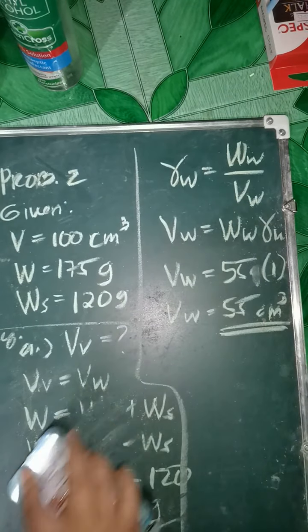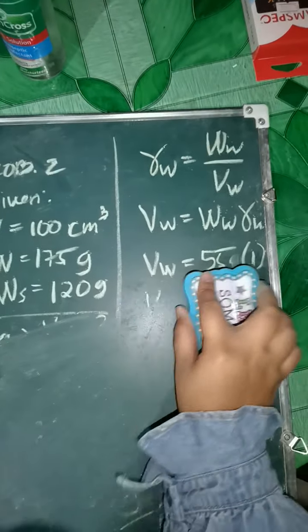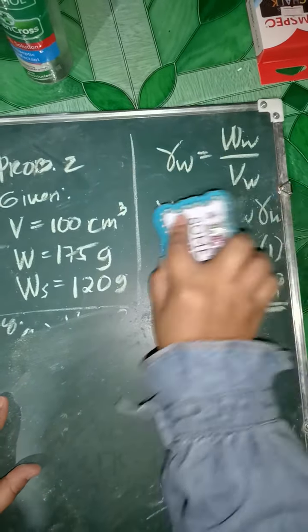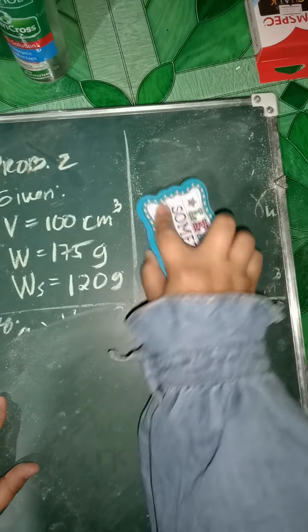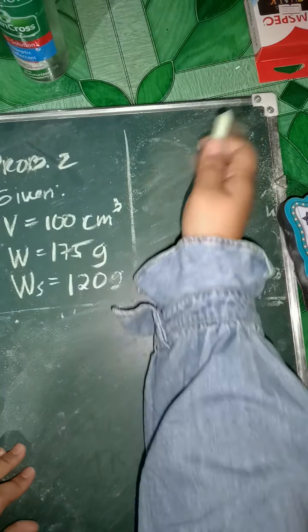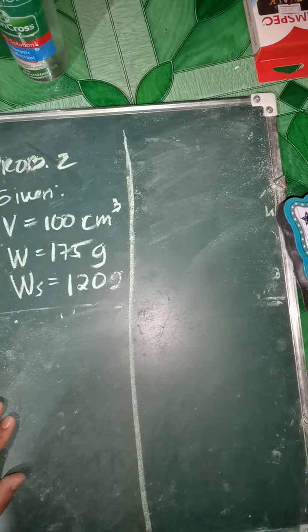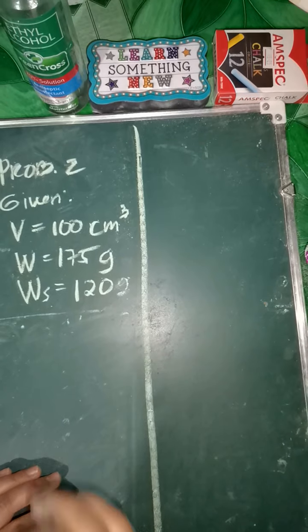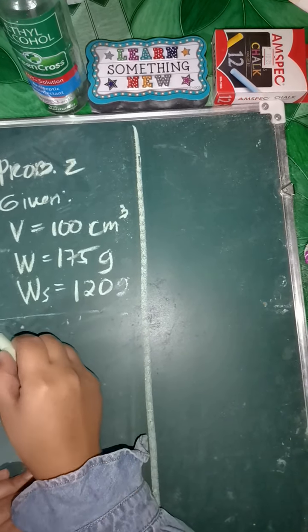Okay, let's move to the second requirement for the problem, the void ratio e.